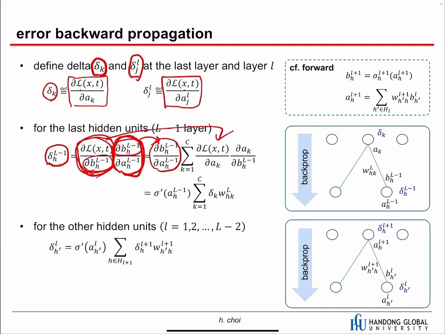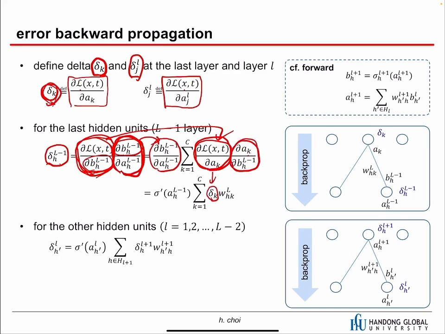So instead of calculating this derivative directly, we calculate this derivative and multiply by this derivative, and over k we apply the summation. We actually defined this one as delta k. We don't have to replace this one with delta k, but for convenience, we just use this notation, okay? This one is not a derived notation. This one is our definition. We just use this notation, delta k.